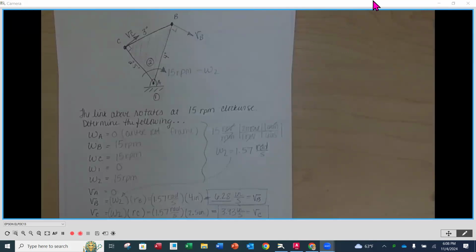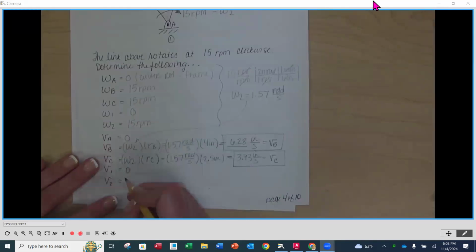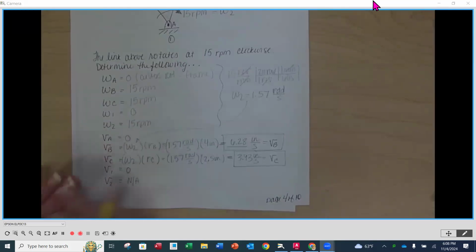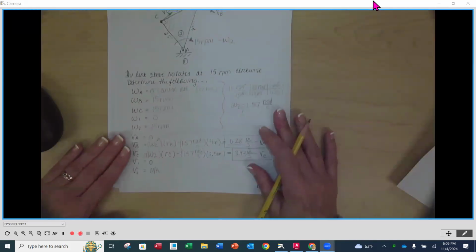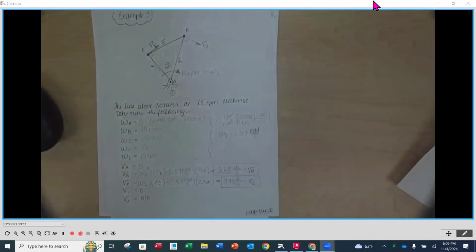Your straight line velocities are usually going to be at points on the link. So for the link by itself, we can just put not applicable, because it's a straight line velocity of a link. This is a rotating link, so it just has angular velocity. Okay. So any questions on example 3? Make sure you have all the elements that are here. Awesome. This is fun, isn't it?